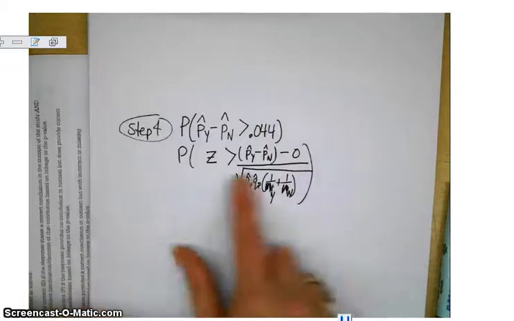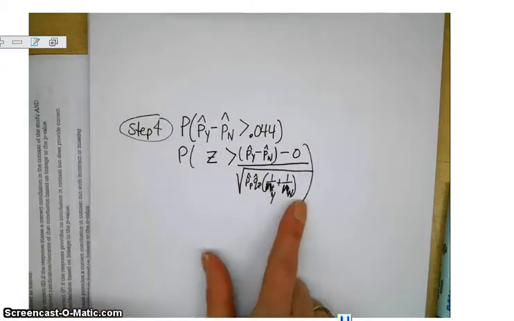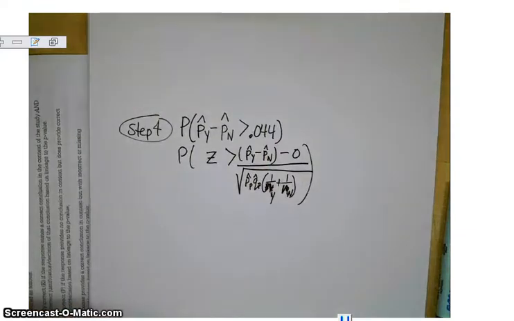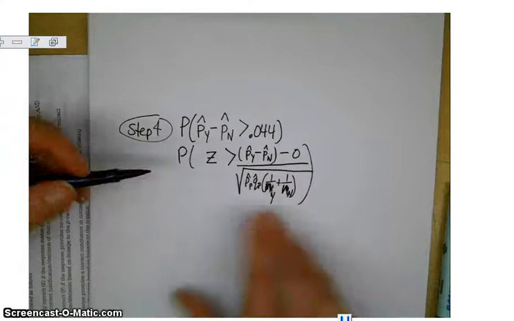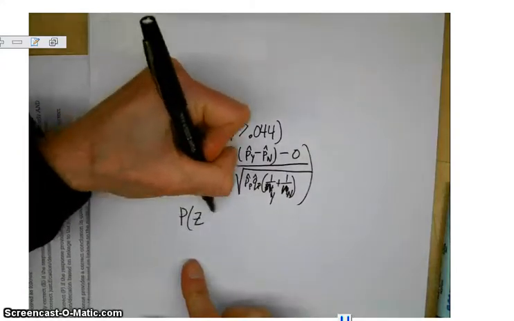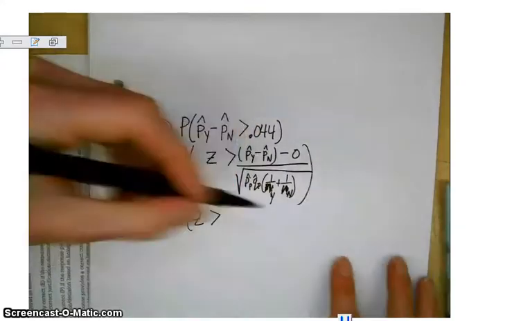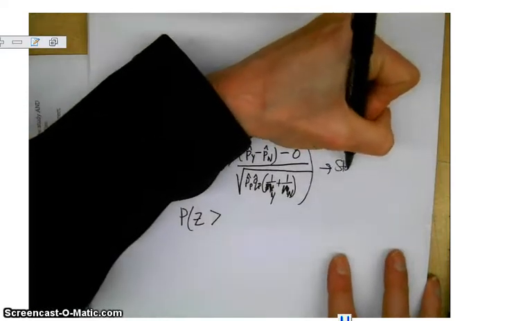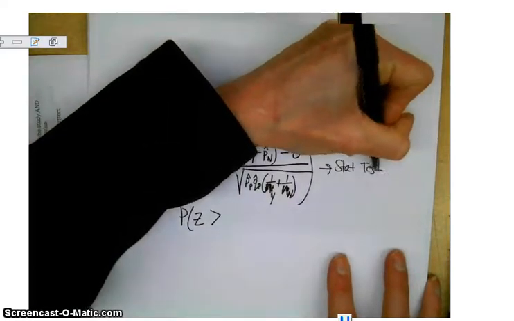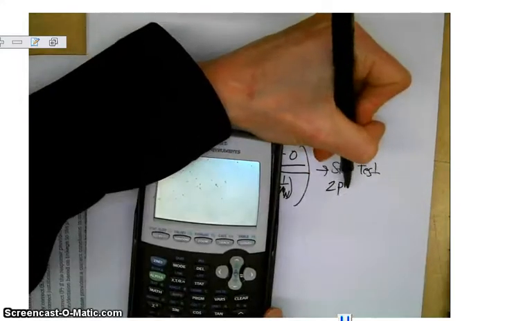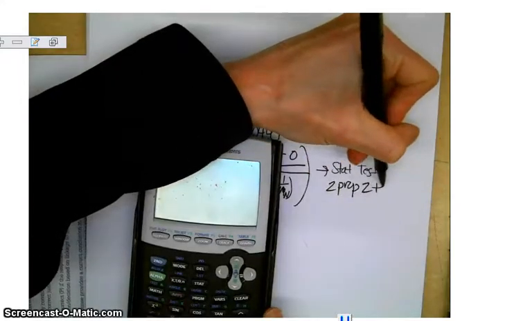The reason I want to do this formula is because you're probably not going to calculate the p hat pooled. Your calculator will do it if you use the test menu. So if I write the formula down, then my next step will be the probability that z is greater than whatever this works out to be, which I'm going to find using the test menu. I'm going to go stat, tests, and down to the 2 proportion z-test.